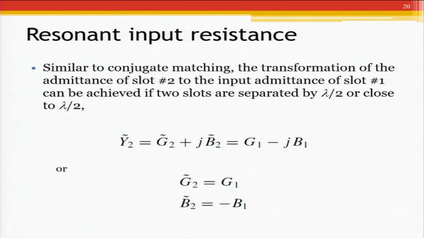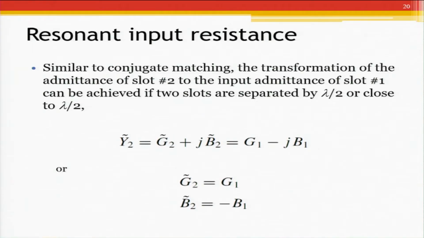This can be achieved if the two slots are separated by lambda over 2, and this comes to the realization of why we want the optimal length of lambda over 2. If you learned transmission line theory before, you know that if the transmission line has a length of lambda over 2, the load impedance will be equal to the input impedance. And that's the point.